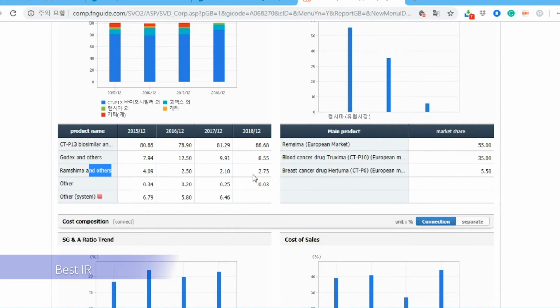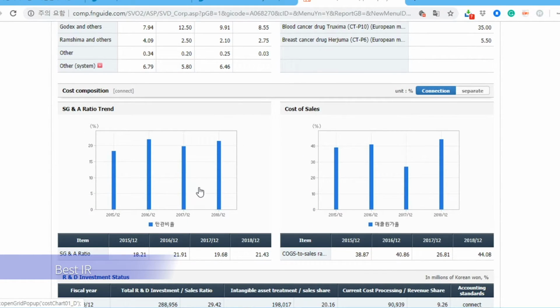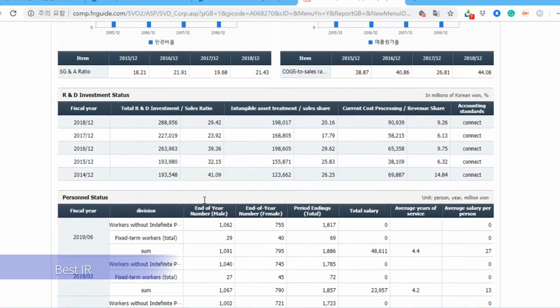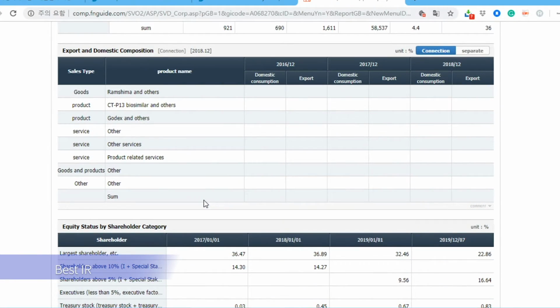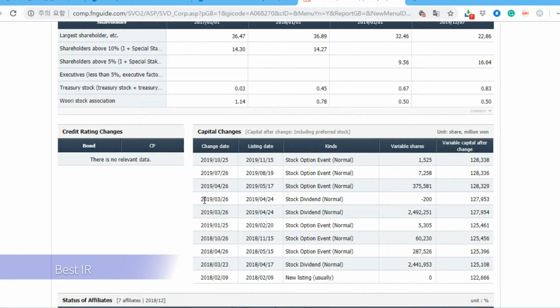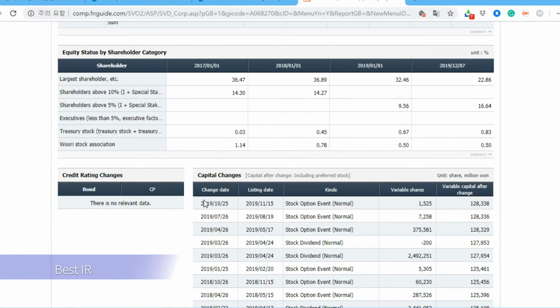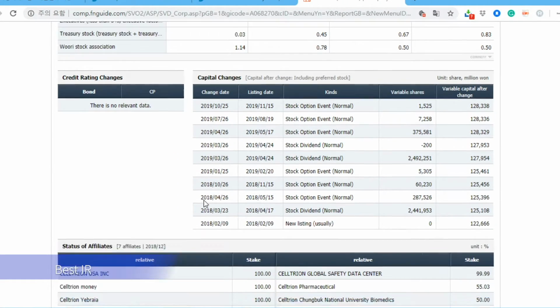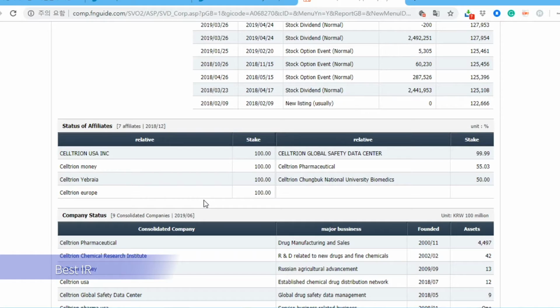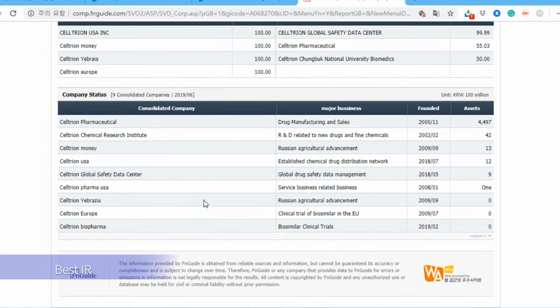Remsima and others were starting to sell, and it's kind of dropped in the last year. You could go through this: who are the largest shareholders, and what they're doing and everything.